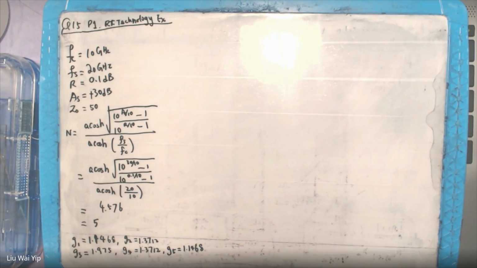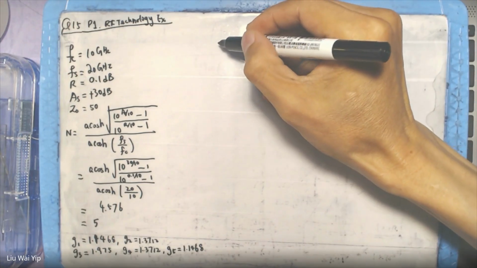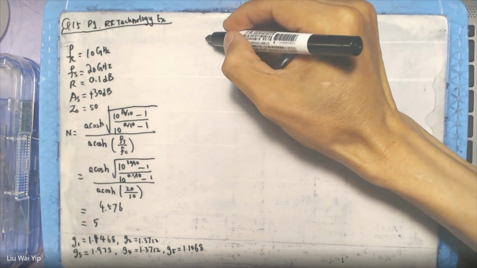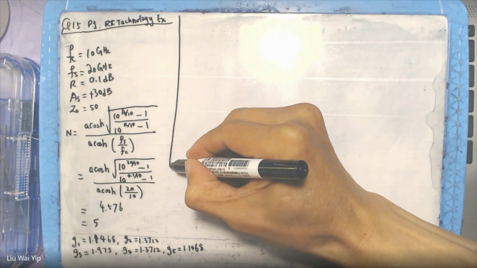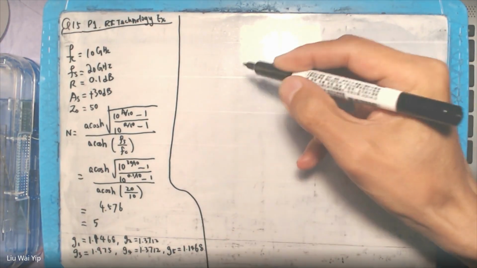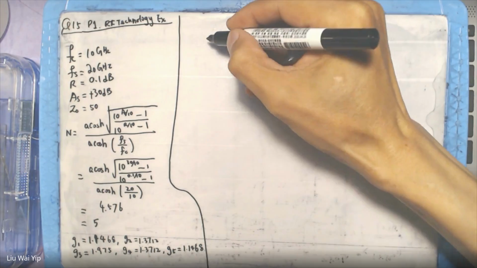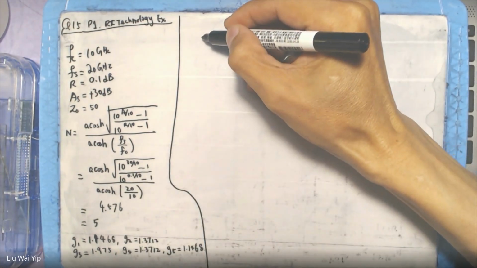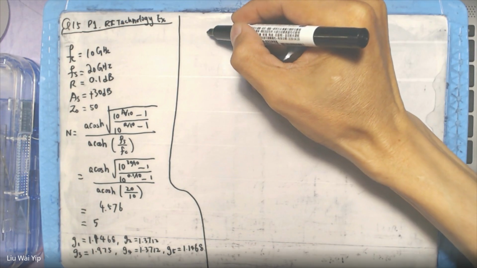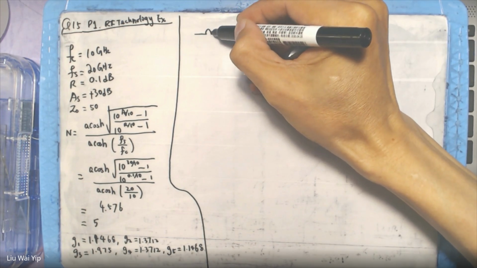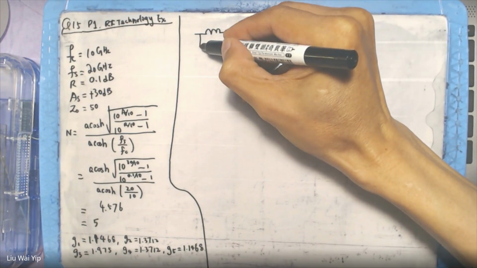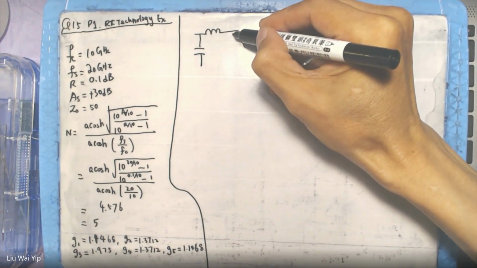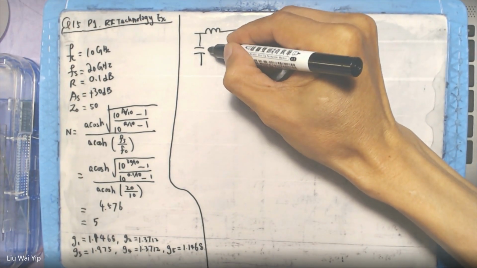The next thing is to establish the starting topology for the filter. For G1, we have two options.